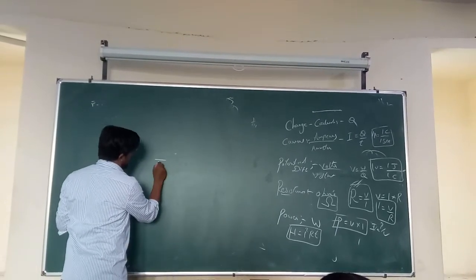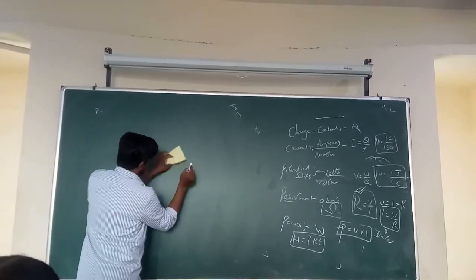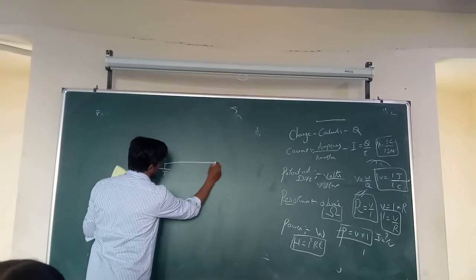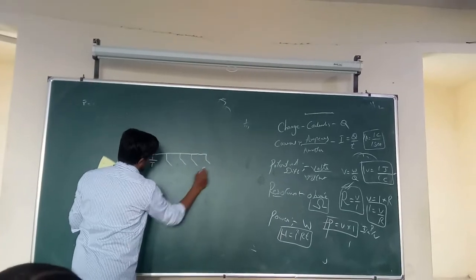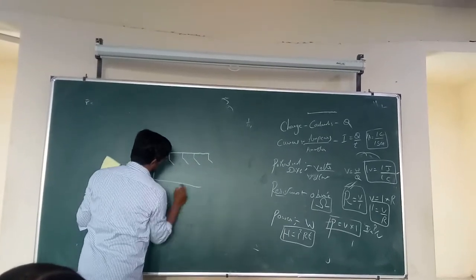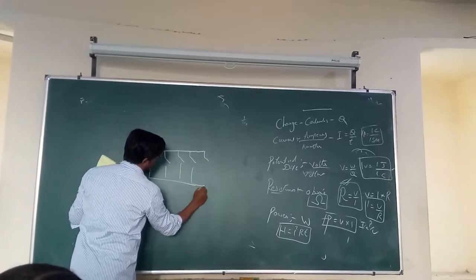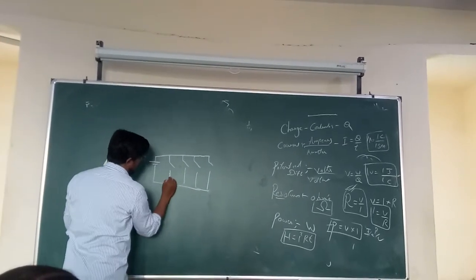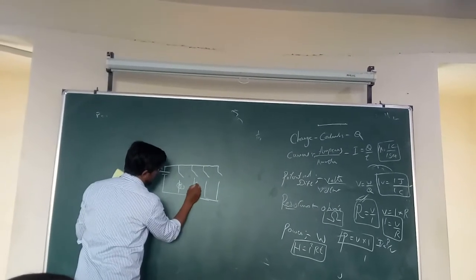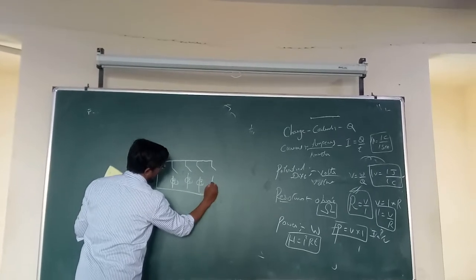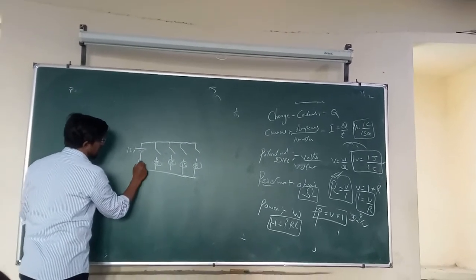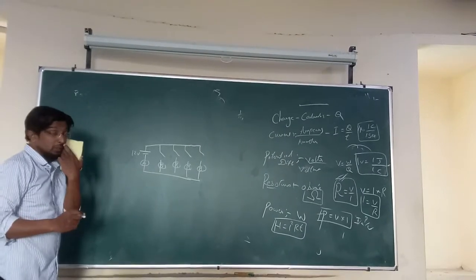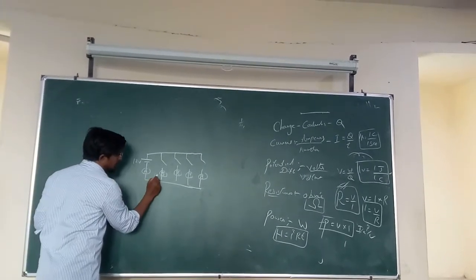Let's take a circuit. Connecting in series and parallel are very important. So let's take 4 bulbs here. One bulb is here, second bulb, third bulb, and fourth bulb. Let's take the potential difference as 12 volts. There is an ammeter also connected here, right? This bulb is using 3 amperes current.